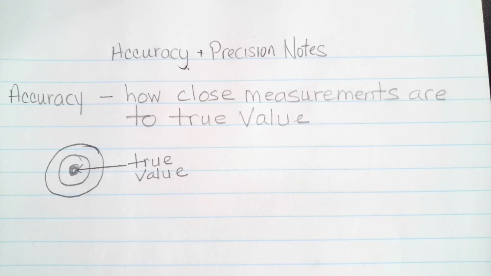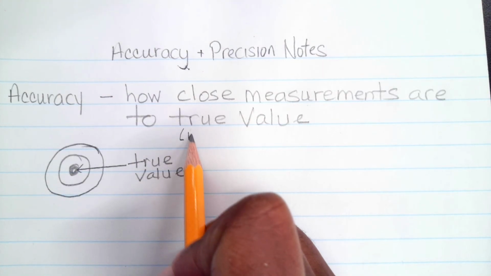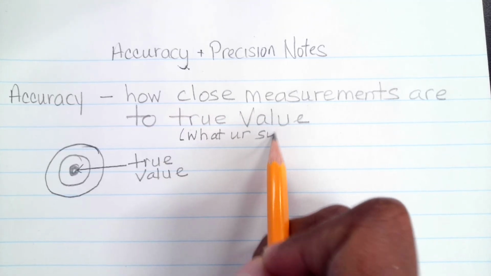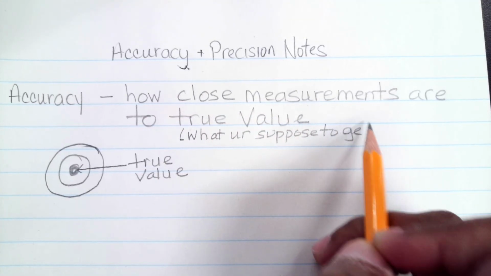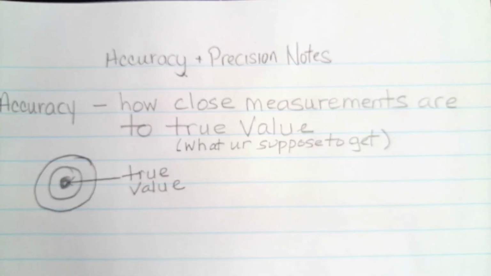That's what you're trying to get. So under true value here, why don't we write what you're supposed to get?